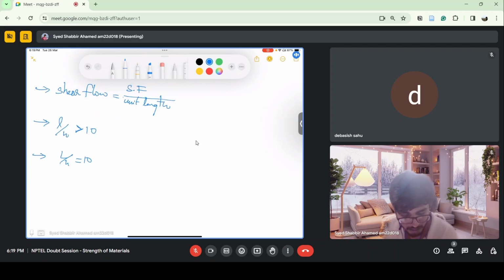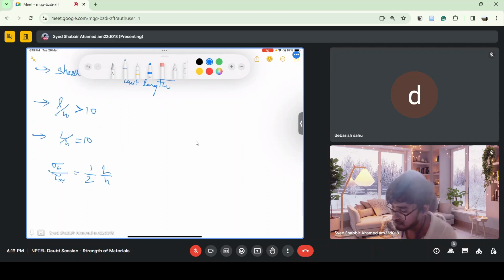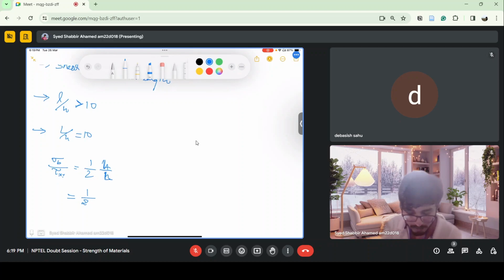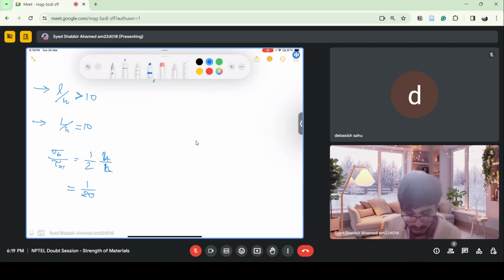If L by H is 10, the ratio of maximum bending stress to shear stress is 1 by 20. We have seen that this ratio is 1 by 2 into H by L. So for a slender beam this is 1 by 20.